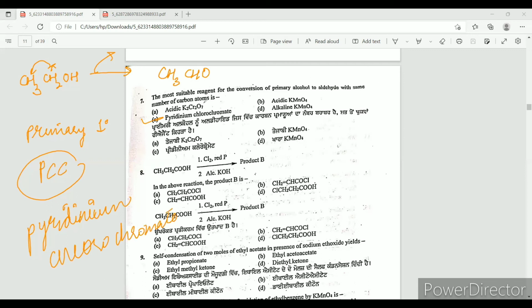Because all the other 3 reagents do further oxidation and will not stop the reaction at the aldehyde stage. They will give the acid, but we don't want the acid. What we want in the product is aldehyde. So our correct answer is option number C, that is pyridinium chlorochromate. PCC is the short form of pyridinium chlorochromate.